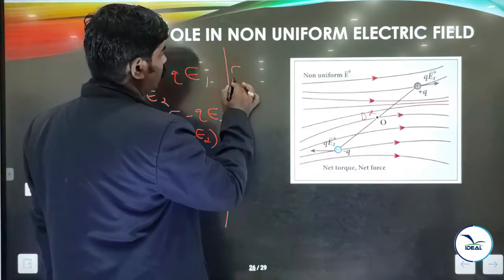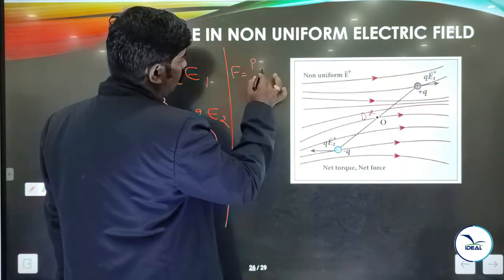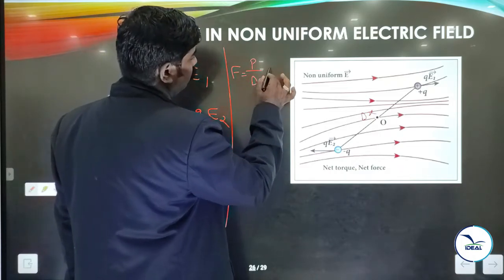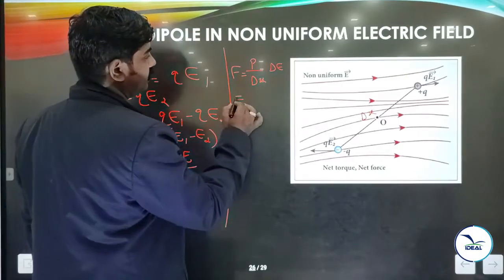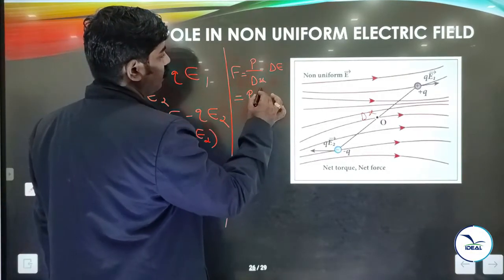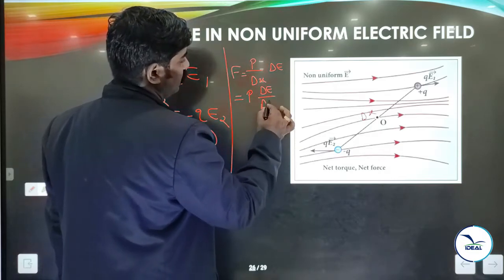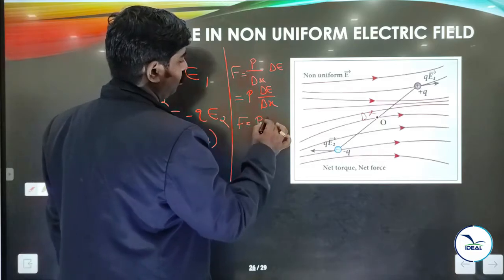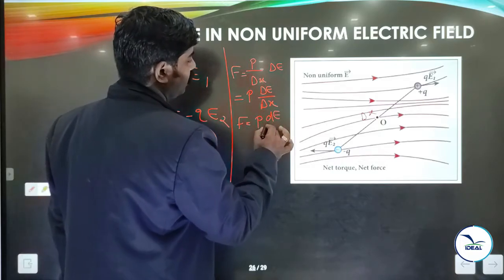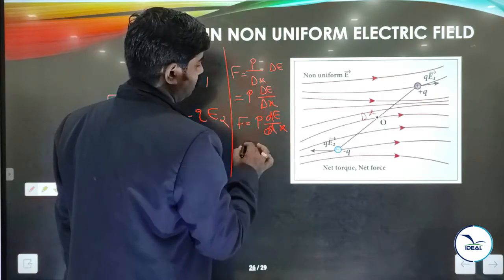Therefore, F is equal to P by delta x into delta E, or we can write it as P into delta E by delta x. Therefore, F is equal to P into dE by dx.